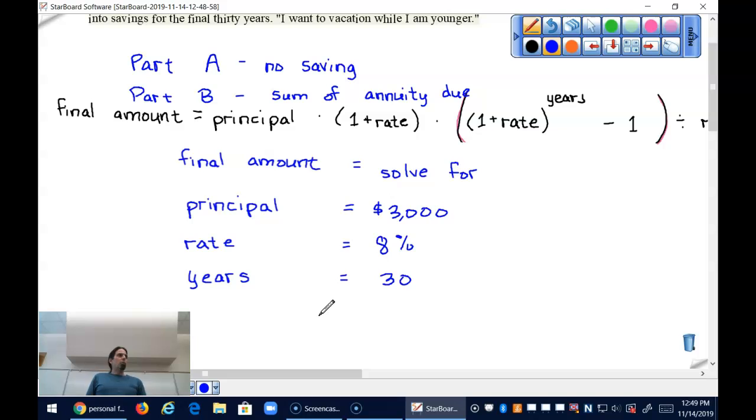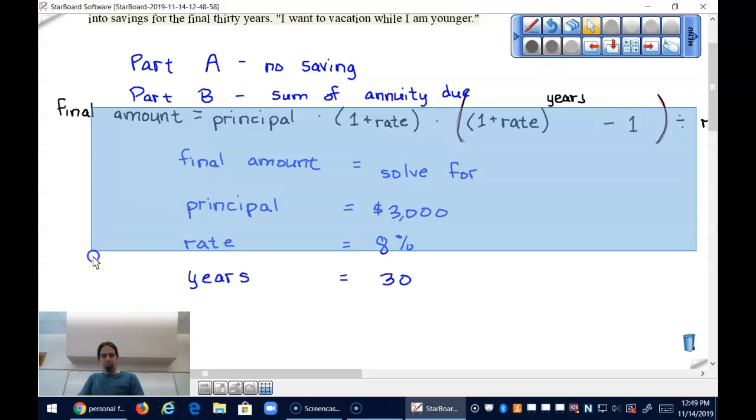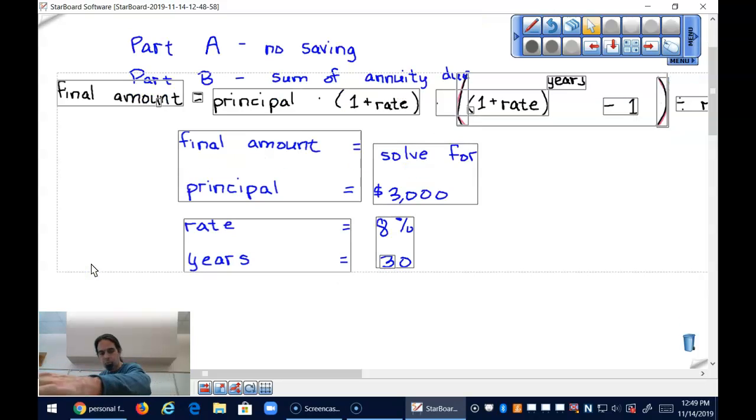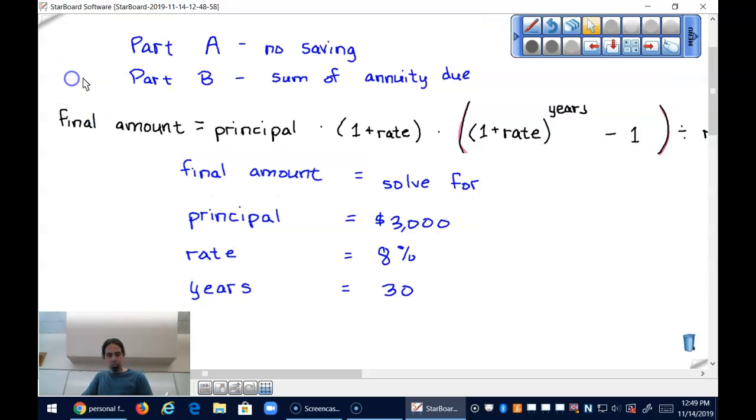Everyone ready to do sum of annuity again? Your homework, or assignment, is to not put more parentheses in. Just do the 1.08.